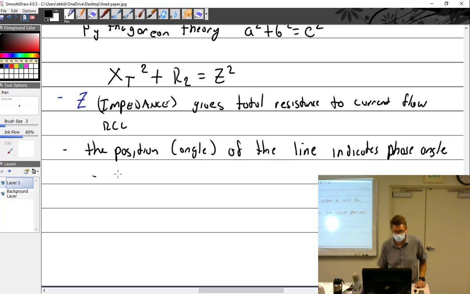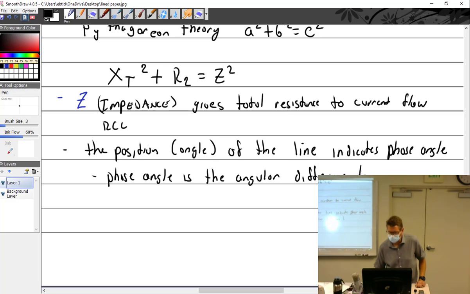Phase angle is the angular difference between the voltage and current.